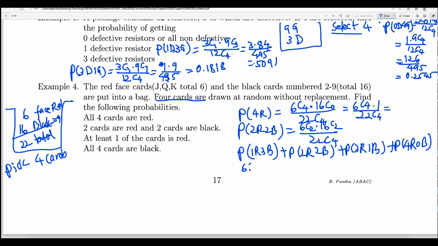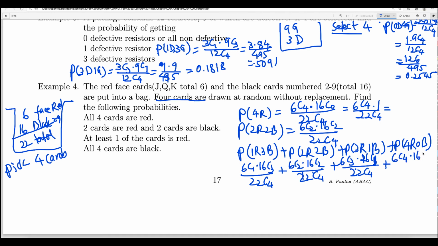It is 6C1, picking 1 out of 6, times 16C3 over 22C4, plus 6C2 times 16C2 over 22C4, plus 6C3 times 16C1, because you are picking 1 black, over 22C4, plus 6C4 times 16C0 over 22C4, and then you add them all together.